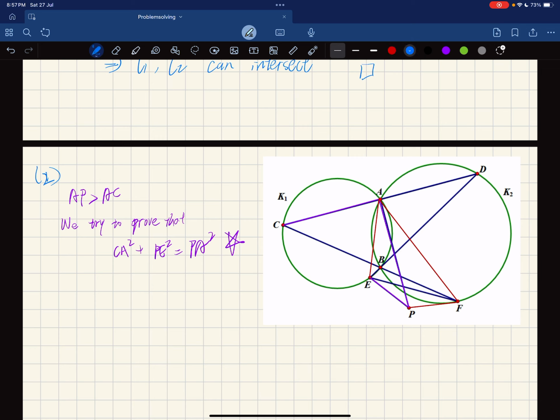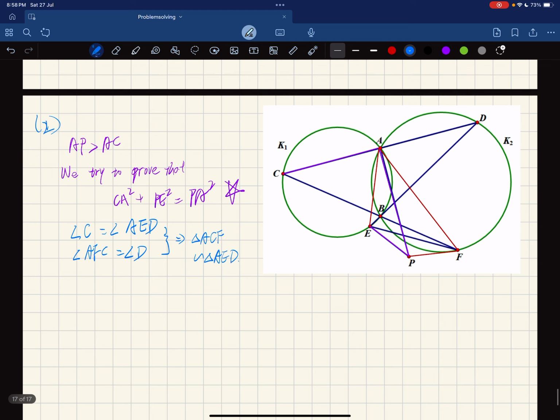We can easily find out the angles. Angle C equals to angle AED, right? And also the angle AFC equals to angle D, right? So what can we have after that? That means the triangles ACF and AED are similar.